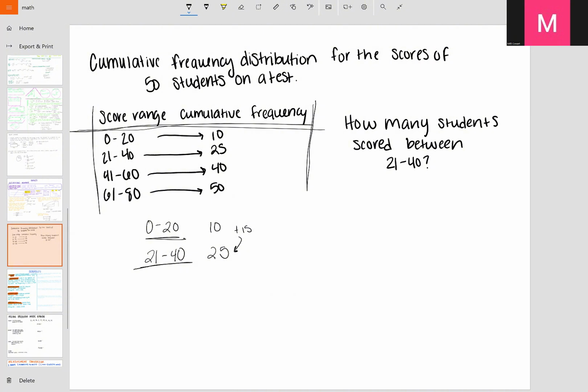This doesn't mean that 25 students scored a 21 to 40. It means 15 students scored a 21 to 40, but our cumulative frequency is adding these up. So as we get to the bottom, it will equal 50, right? So if we want to know how many students scored between 21 and 40, that means we have 15 students.